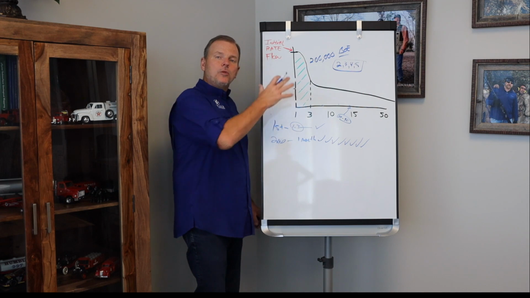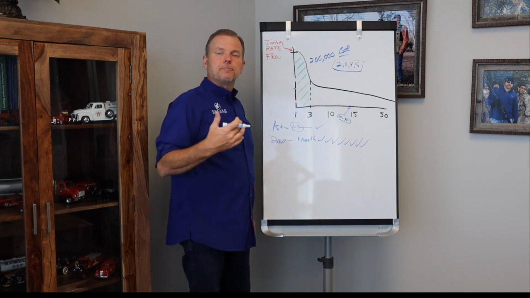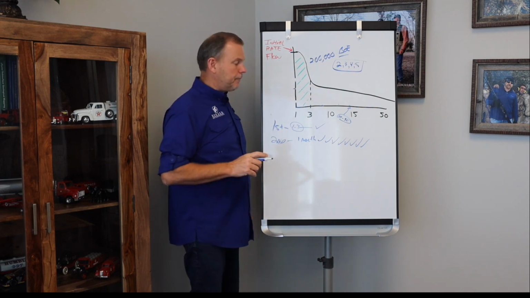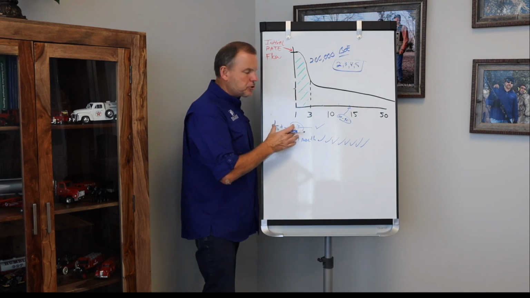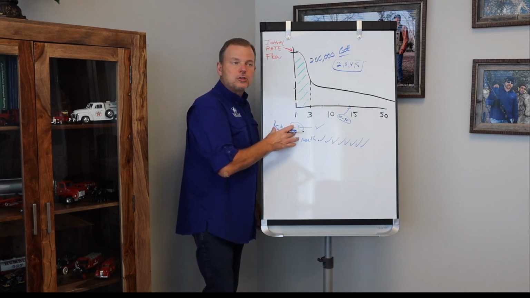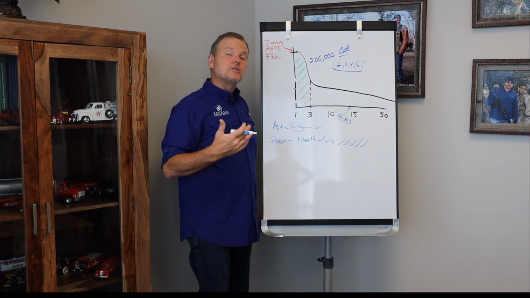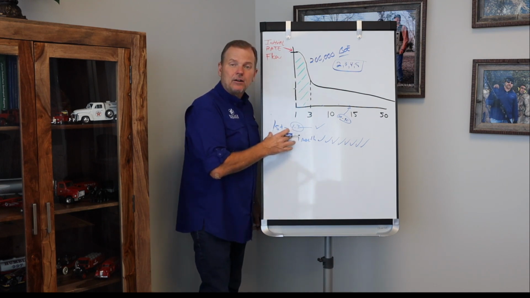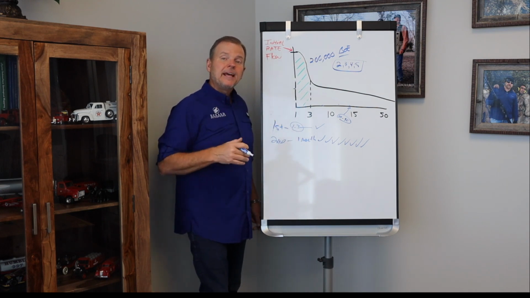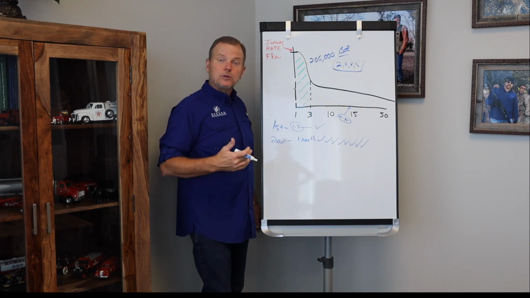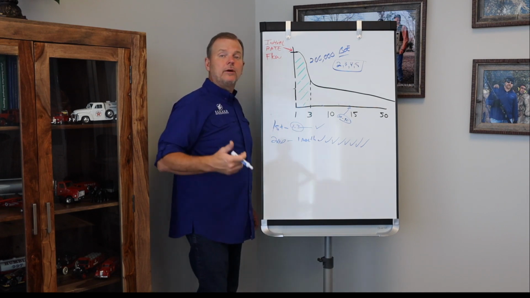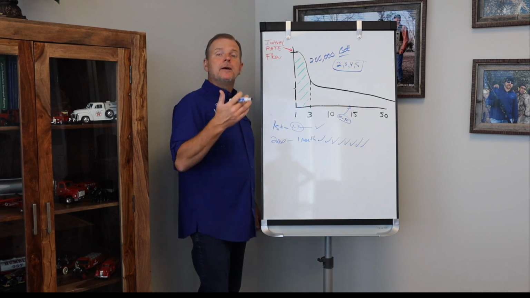I want you to know this decline curve conversation is important for multiple reasons. Let me give you the first one. You need to know why your initial check from any first or initial production off of any wells in your minerals is always going to be higher. That's the first production. It takes 3 or 4 revenue cycles for the oil company to sell the oil, get their first check, process it, make sure the ownership deck's correct, and finally send the check out.